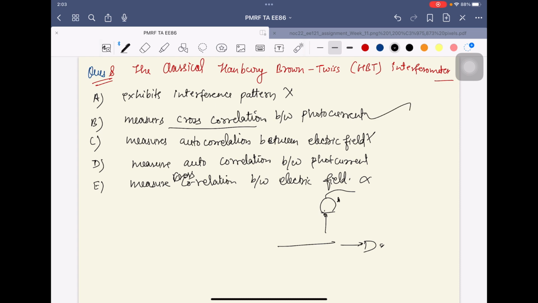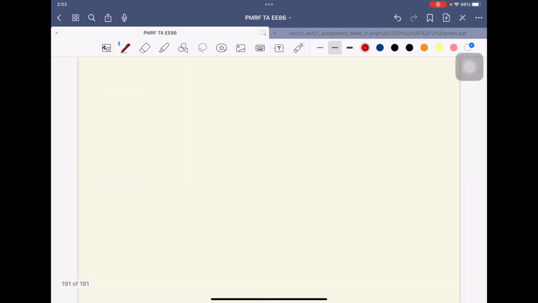This is the right answer here, because cross correlation means we measure either coming on this one or coming in this one. For any detector, if the photon is detected at t plus tau, that is the cross correlation, not the autocorrelation. Okay, so next question.